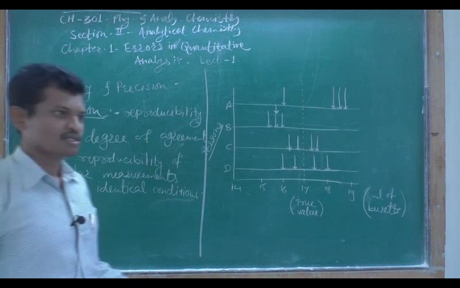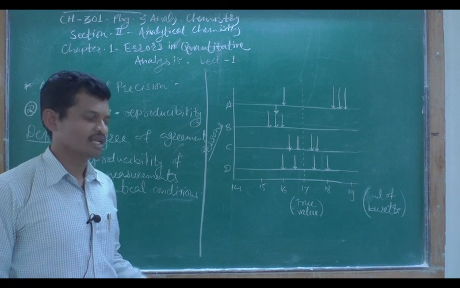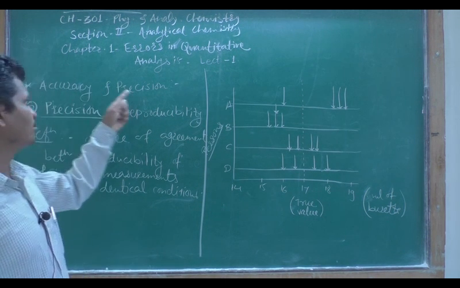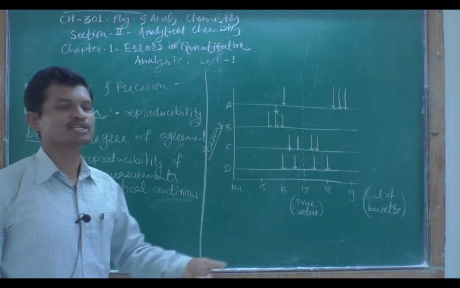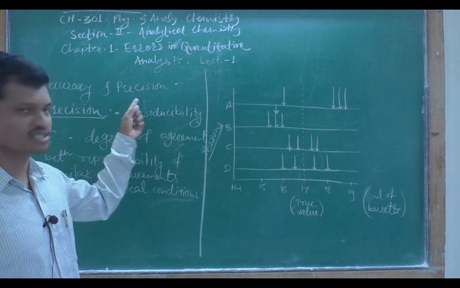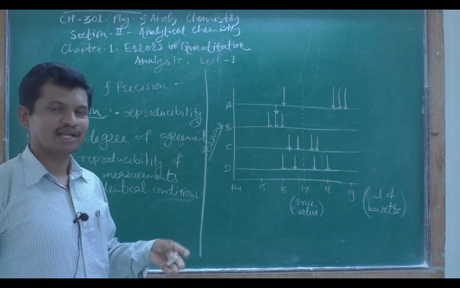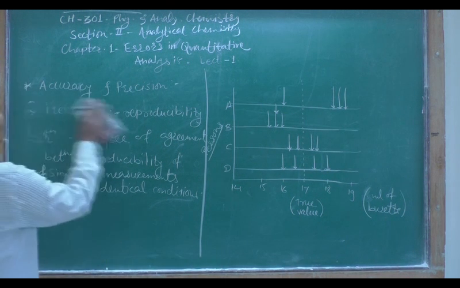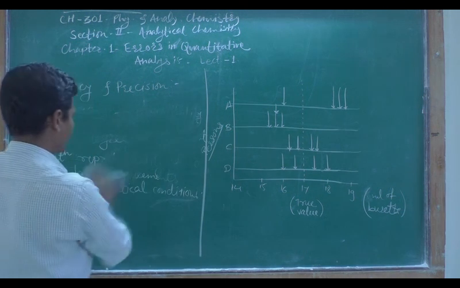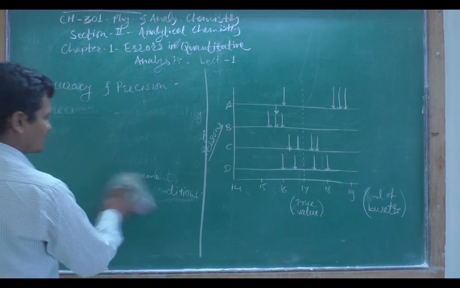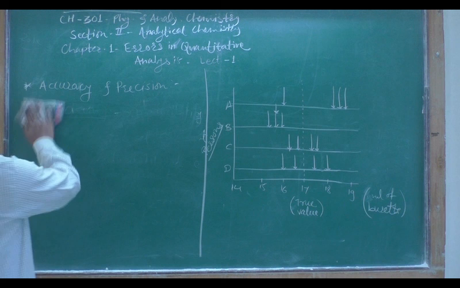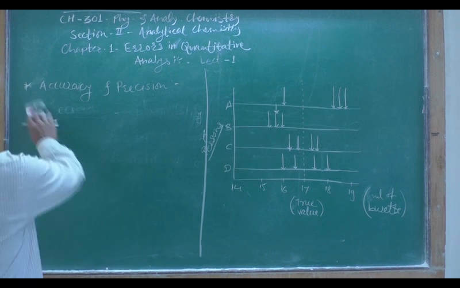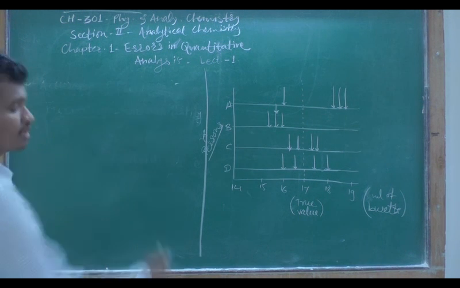Then the next topic is the methods of expressing the accuracy and precision. How we can express this accuracy and precision. There are some methods, we will see one by one. First of all, we will see the methods of expressing the accuracy.